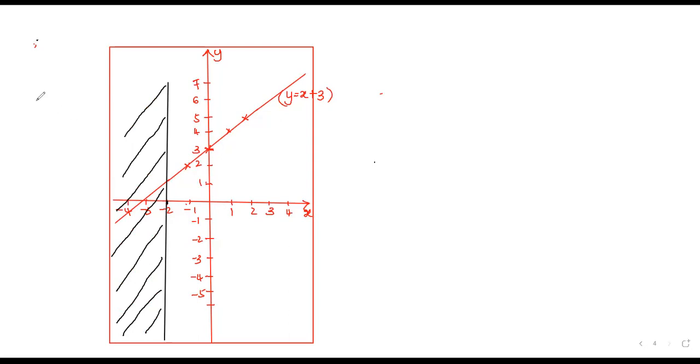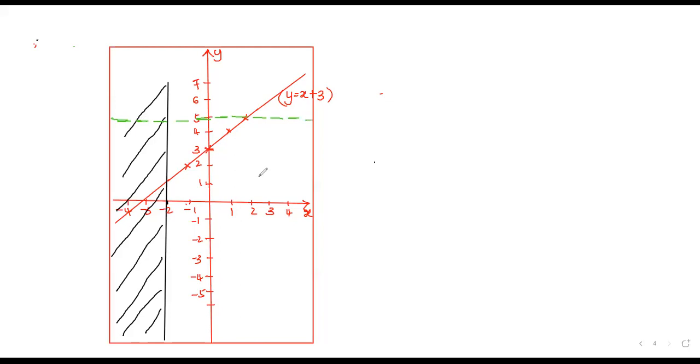Then next I'll take another color now. Let's take the green color one. And for the Y value, now I can't use a darker line. Why, children? They have not told it is equal, right? They have not told it is equal. So then I'm just showing it like this, the dotted line, right?